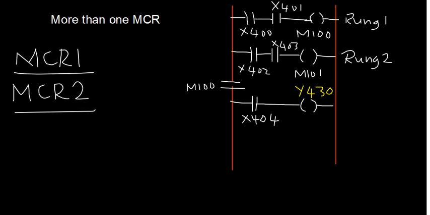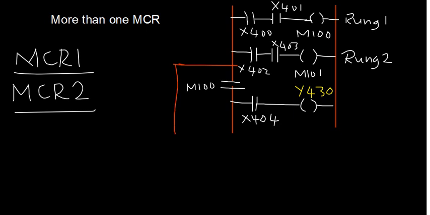I repeat, the input X404 activating the output Y430 happens only when your M100 is activated, right? So now here what I do is I will stop this part of the rung, okay. Then I will bring one more contact here. From here you can see this.